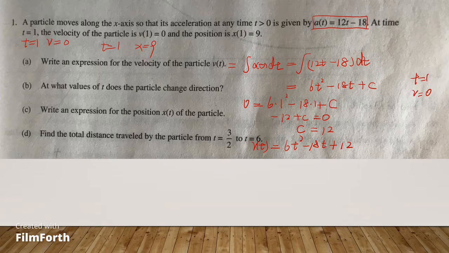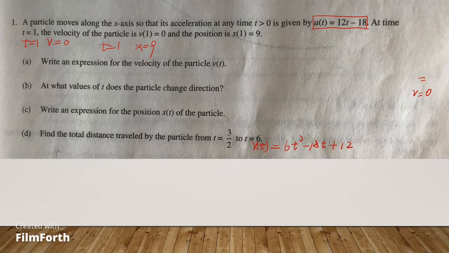So right here, 6t squared minus 18t plus 12.